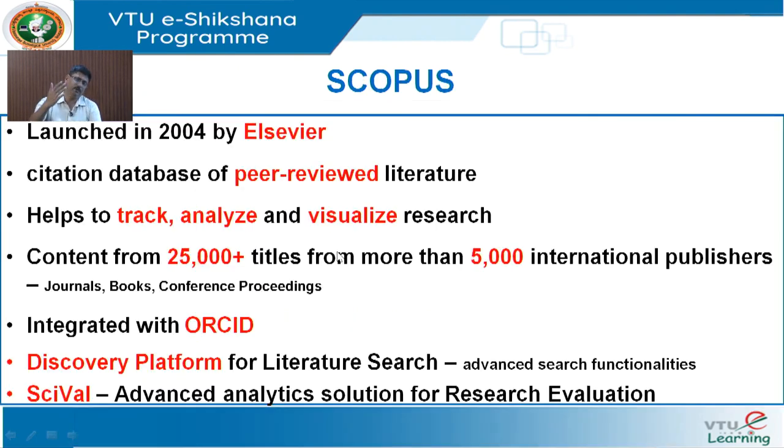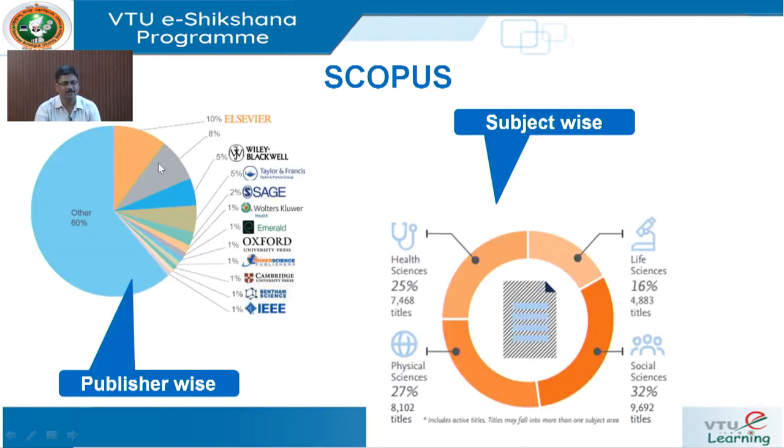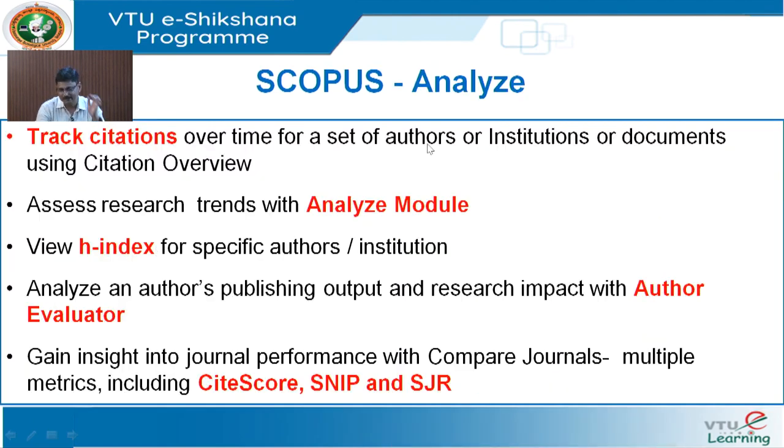The other most important citation database is Scopus, launched in 2004 by Elsevier. They are also quality conscious, and they have integrated with ORCID. I think we have covered these slides in our literature search session, and these are the subject coverage of Scopus. What is important is that Scopus uses the analyze module to track citations over time for a set of authors or institutional documents.